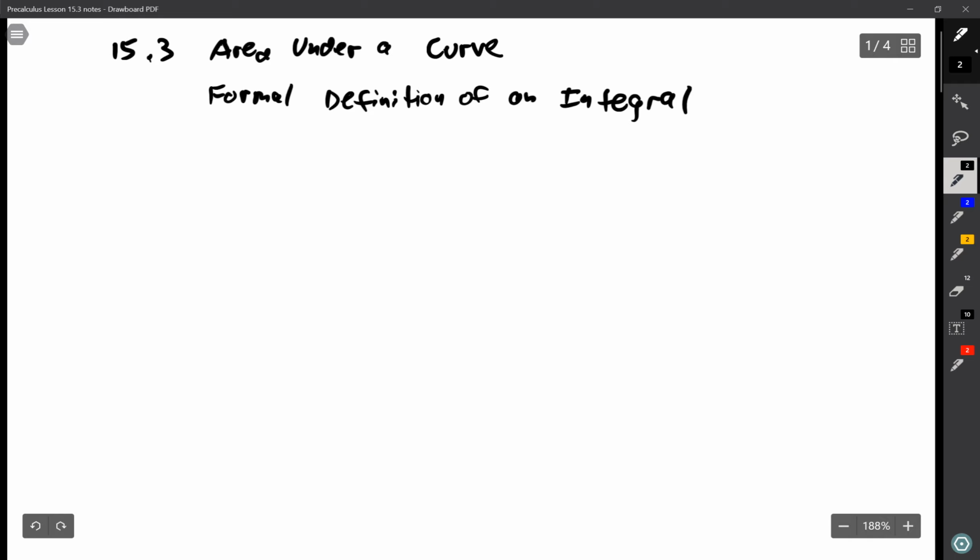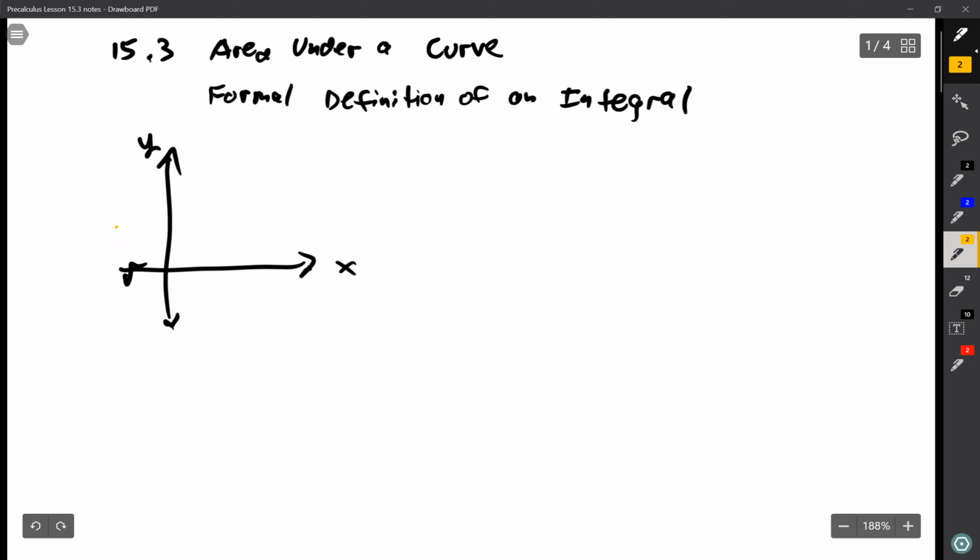So when we say area under a curve, here's what we mean by that. Axes, x-axis, y-axis. Now, if we had some line, and we wanted to find the area between the line and the x-axis, not even necessarily starting at 0, let's just say we wanted to find this area.